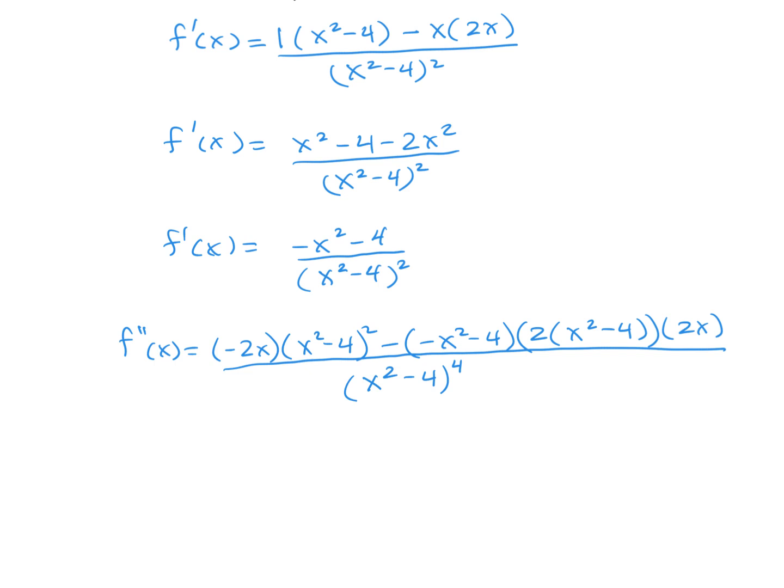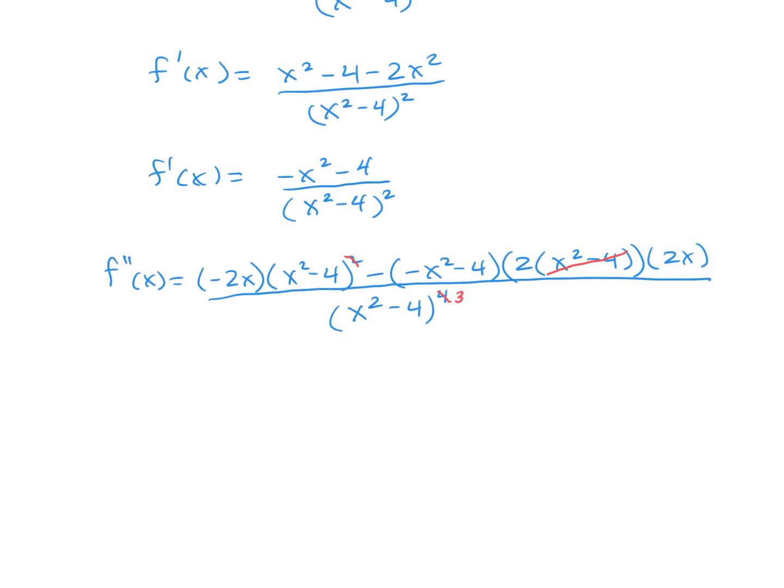Now you'll notice in this derivative that we have some common factors that we can eliminate as part of the simplification process. In particular, we've got an x squared minus 4 common to both of our terms in our numerator. So we can cancel out this x squared minus 4 here, cancel out this extra x squared minus 4 to have 1 left. And down here, we'll have 3 x squared minus 4s.